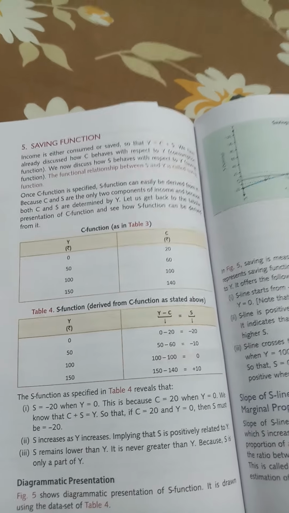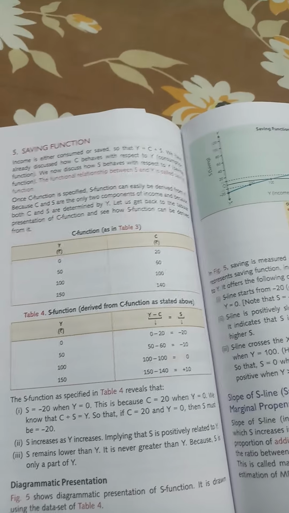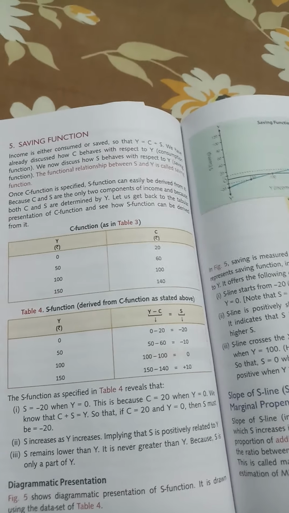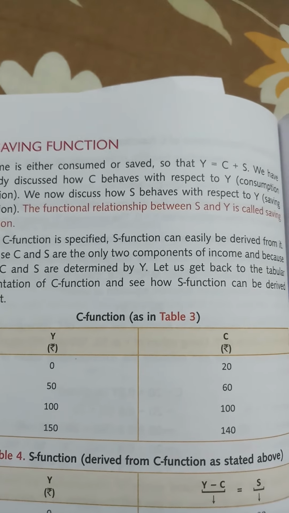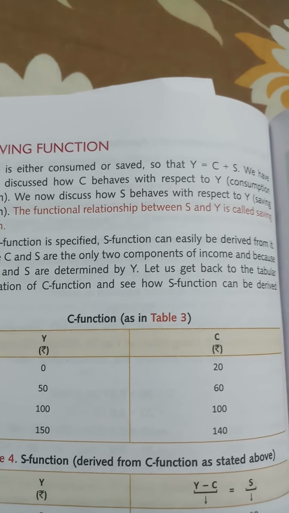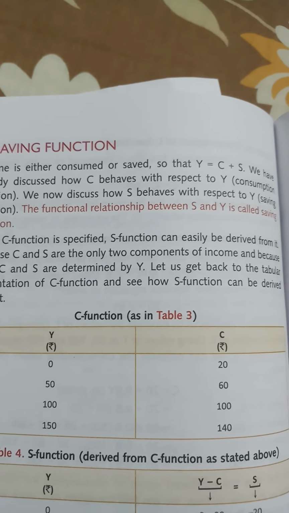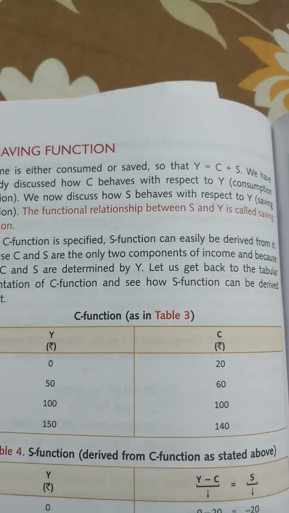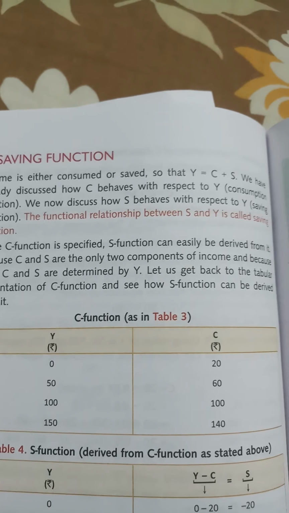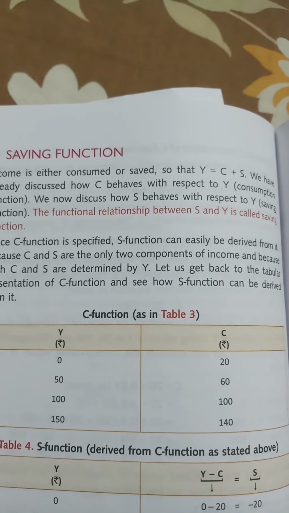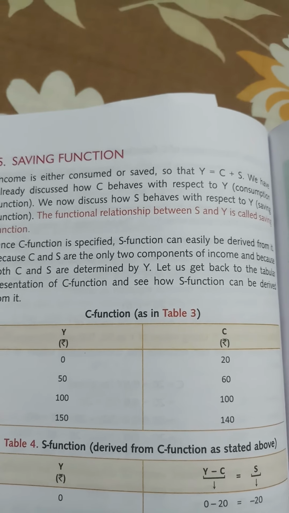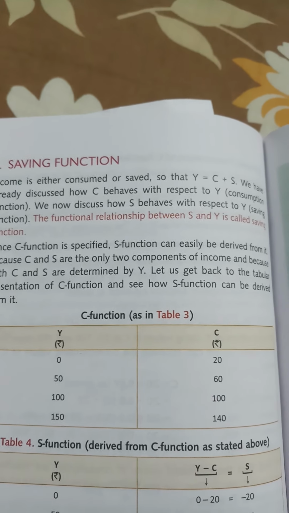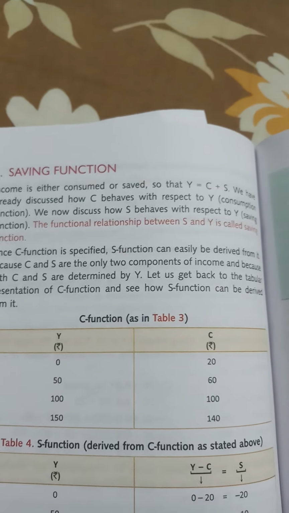Now, let's recall the table which we had discussed in the consumption function. In this table, the income was 0, 50, 100, 150, while the corresponding consumption at every income value was 20, 60, 100 and 140.